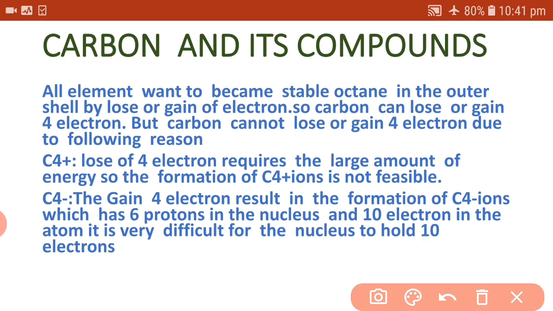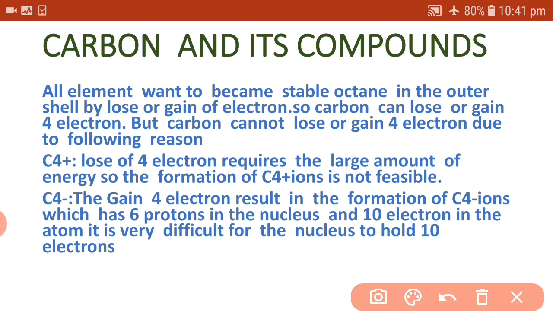All the elements want to become stable, attaining an octet, by either losing or gaining electrons. But carbon cannot lose electrons or gain electrons.